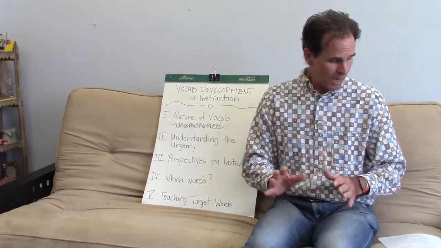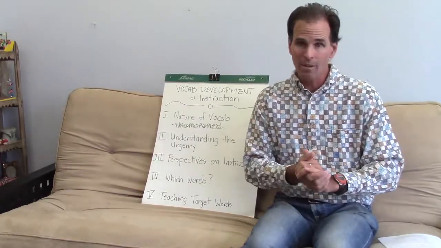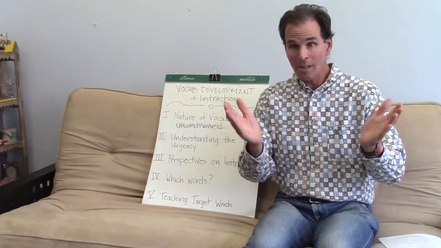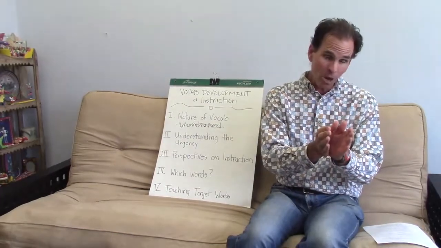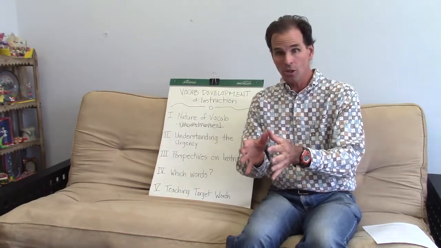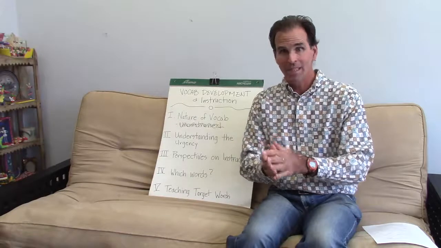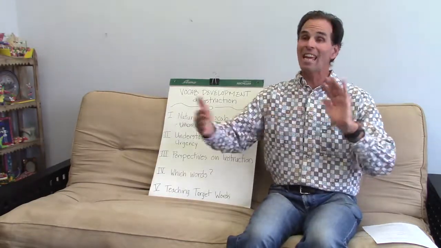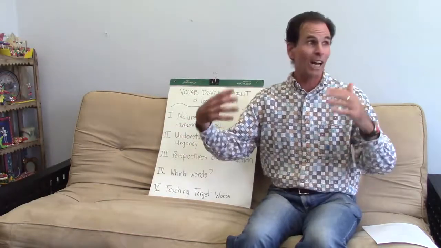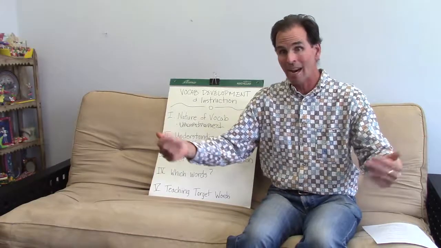All right, so the nature of English vocabulary, I'm sure like all languages, is very pronounced. There is a very small percentage of high-frequency words that we see and use all the time, and then there's an almost endless number of extremely low-frequency words. I mean, we're talking 170,000 of them, right?